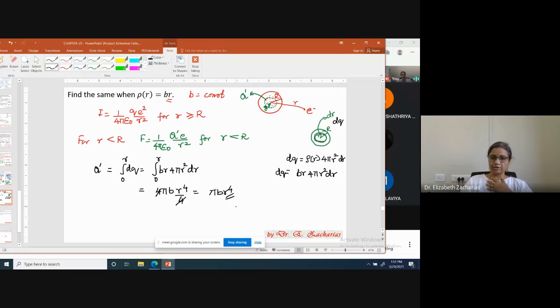So this will be Q prime. Let's put that into the above equation. Therefore, force will become 1 by 4 pi epsilon naught into pi d r to the power of 4, that is Q prime, into E divided by r squared. So this is the way you can do these problems. Here I am assuming B is some constant. I am not trying to find out B. Can someone tell me how to find out B? If I am interested in finding out B, how should I find it?